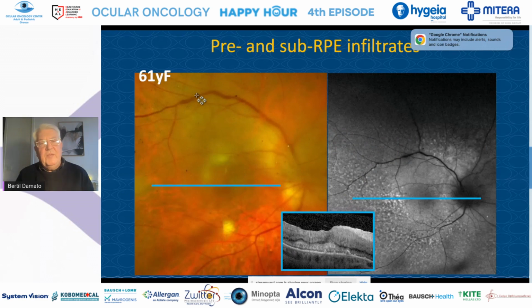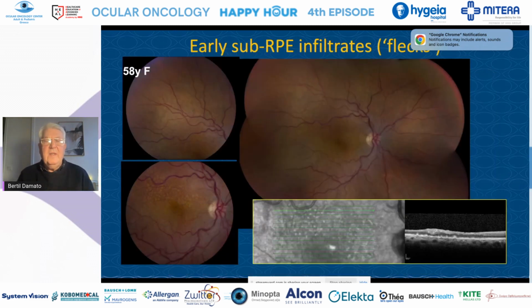And the infiltrates underneath the sensory retina, between the sensory retina and the pigment epithelium, and also underneath the retinal pigment epithelium between the RPE and Bruch's membrane.